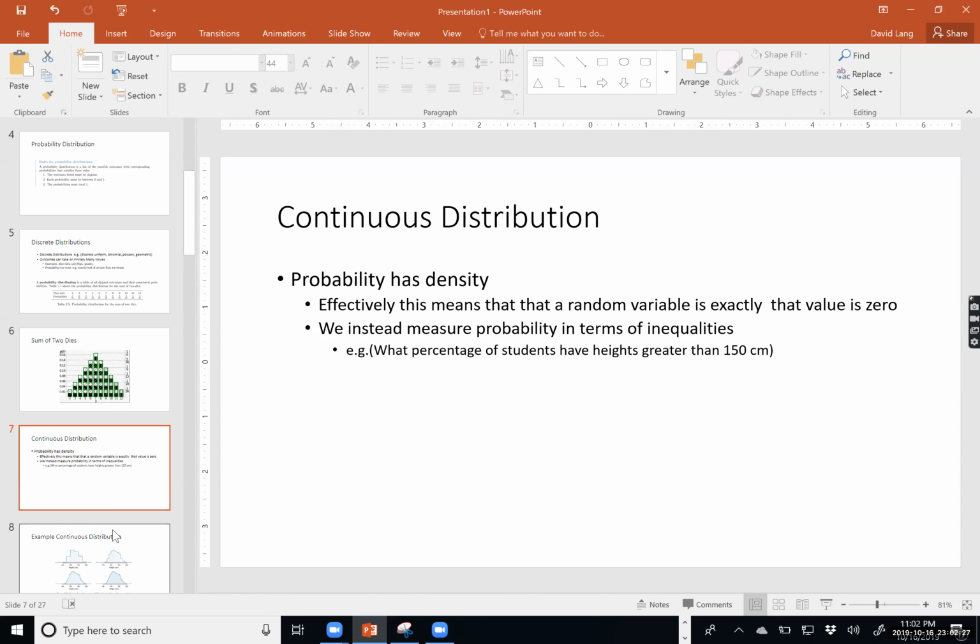Then we have something called continuous distributions, and unlike discrete distributions, where probability has mass, in a continuous distribution, probability has density. What that basically means is that if I were to pick any point in my distribution, the associated probability of picking exactly that point is going to be 0.